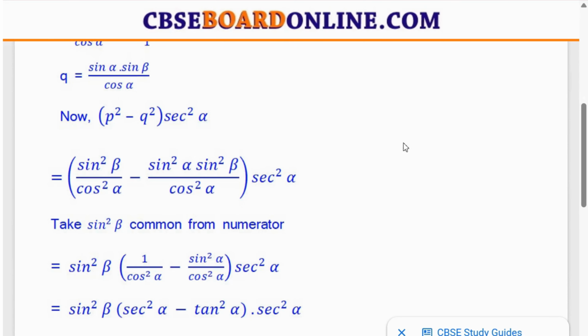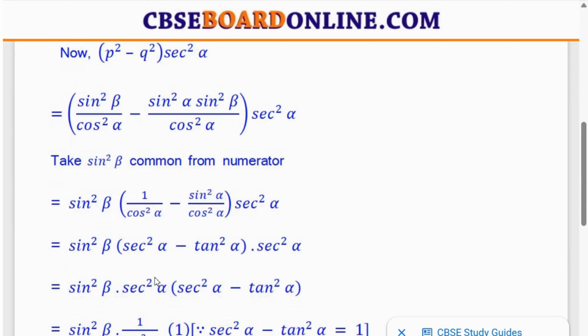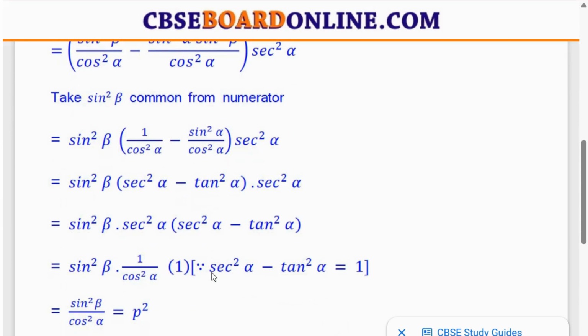So inside the bracket we have 1 upon cos, and the value of tan is sine upon cos, right? So we have taken sec also common over here.